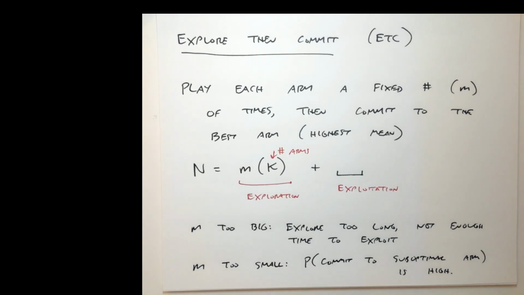So, it's always a problem, right? And so there are a bunch of theorems that have to do with, if I have the fixed horizon capital N, how should I choose M to do the best that I can?